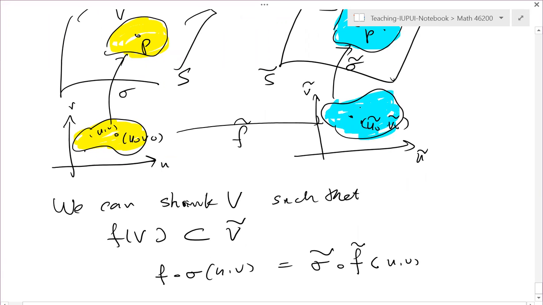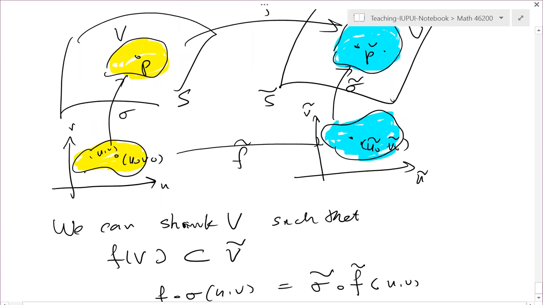Because sigma is a one-to-one map, for some point here we can always find that number. In other words, this is a point F∘σ(u, v) somewhere here, and then the corresponding (u2, v2), that's (u2, v2). So send it to this point.